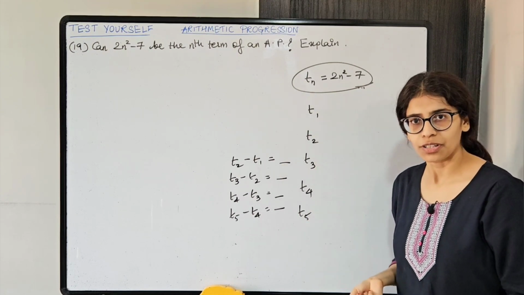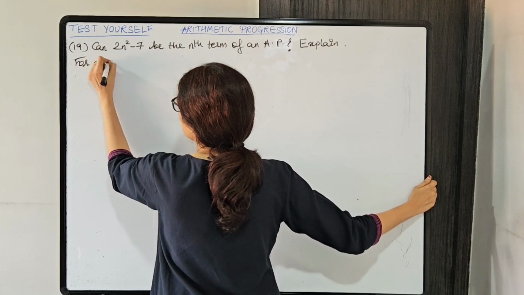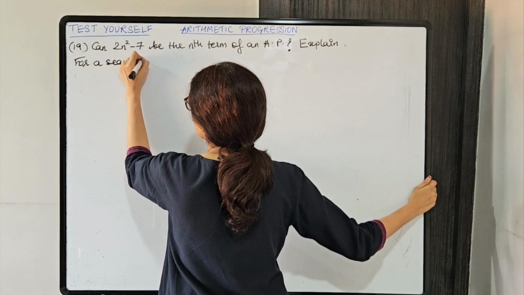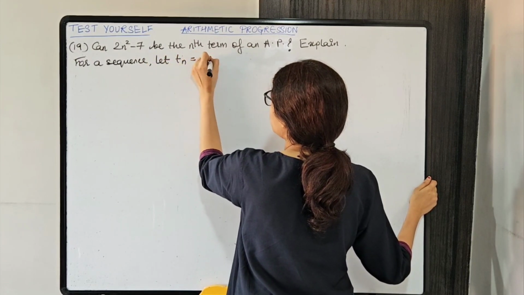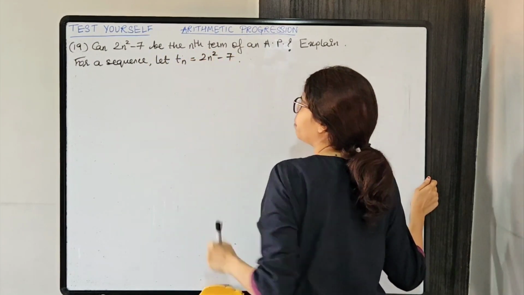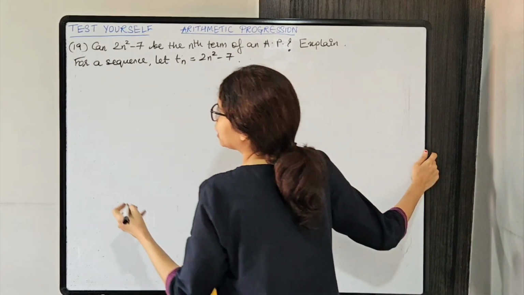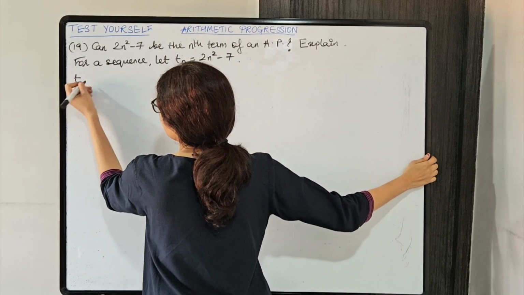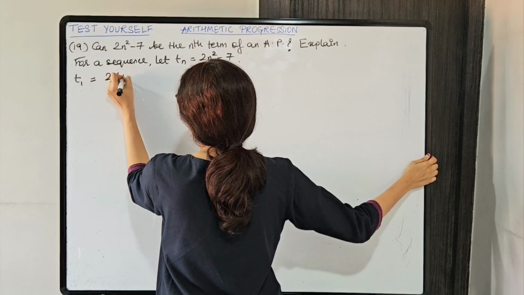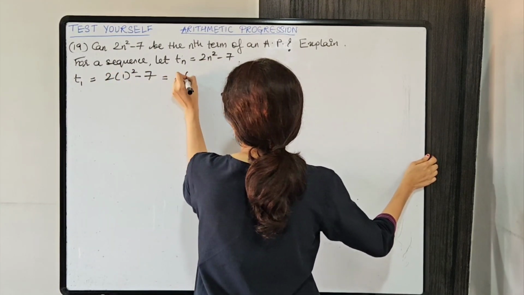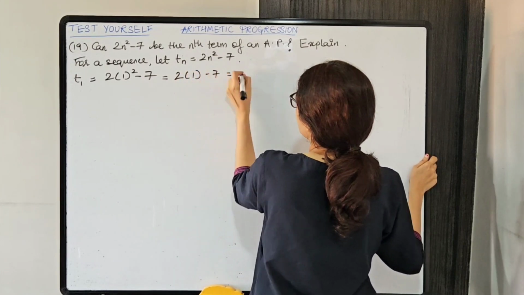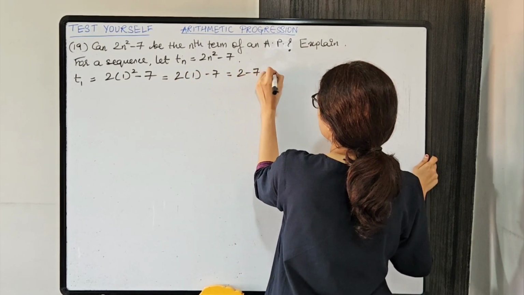So for a sequence, let Tn be 2n square minus 7. Okay, let us find out the first 5 terms. T1 will be 2 into 1 square minus 7, that is 2 into 1 minus 7, that is 2 minus 7, minus 5.